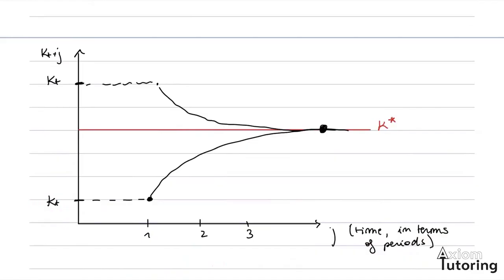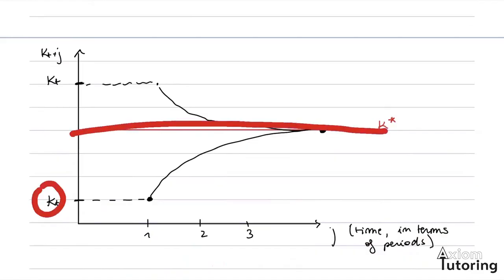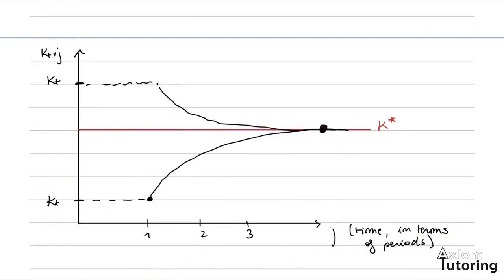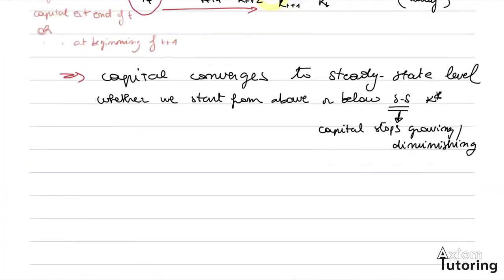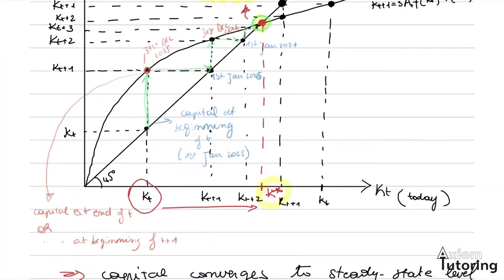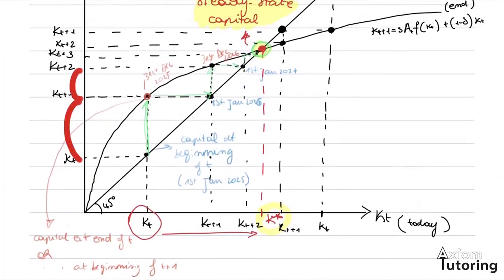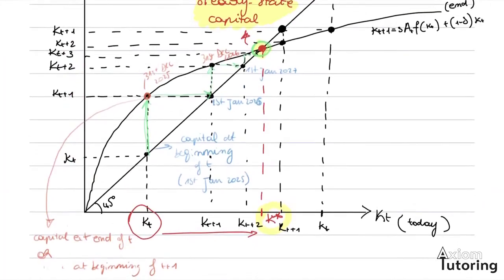If we start from a level of capital below the steady state capital stock, our capital is going to grow initially at a faster rate and then slowly diminishing its growth until it reaches the steady state level. And this is what we also saw in the previous graph. The increase in capital at the beginning is much larger than the increase in capital in the subsequent period.